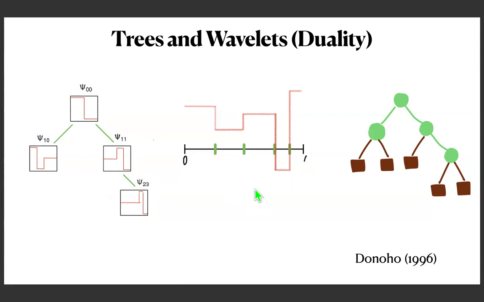Now, the question is that if they are essentially the same, why should we be bothered by using wavelets, not just this much simpler tree structure? The reason is that if we look at this tree representation, our interest goes to the external nodes, because at each external node, we make a jump, and that makes a step function.